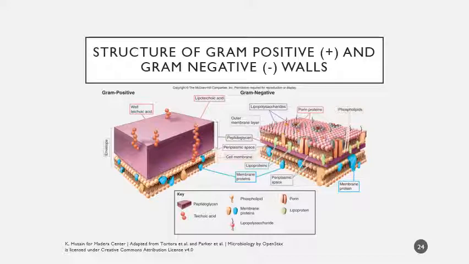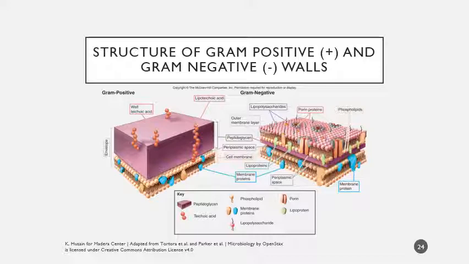Some have different structures that get in the way of the stain, so they might structurally be similar to gram-positive, but they don't have a definitive gram staining characteristic. And then there's other branches of bacteria as well. But gram-positive and gram-negative is a really great way to start to diagnose human pathogens.